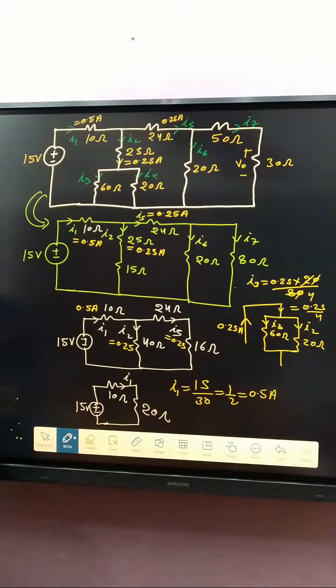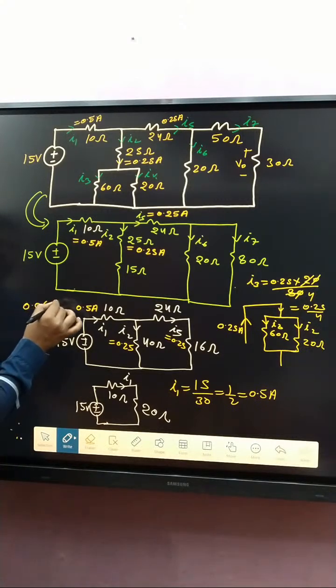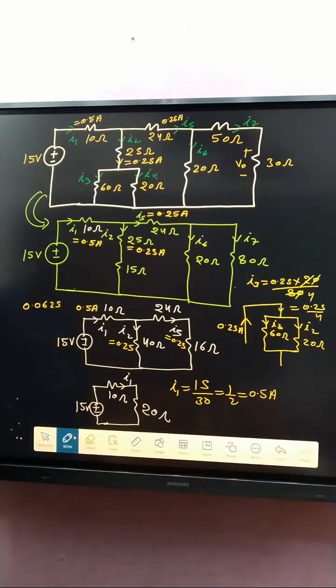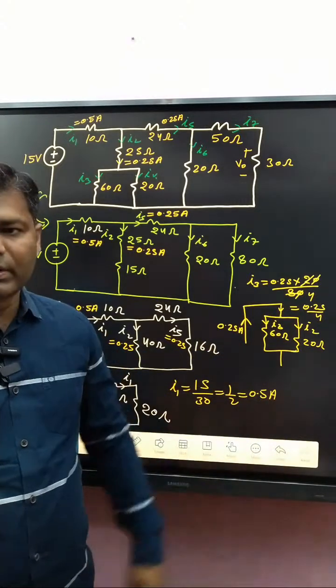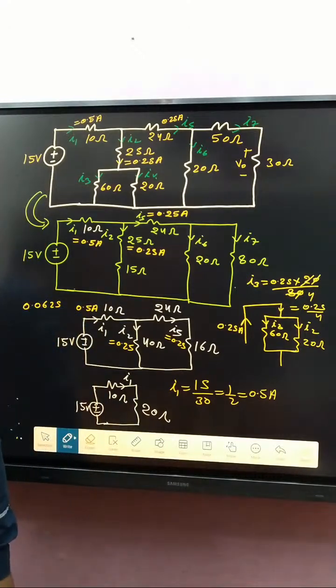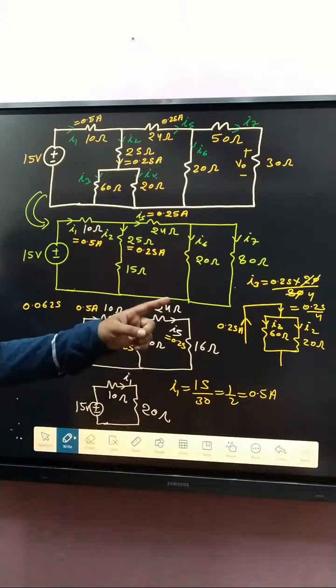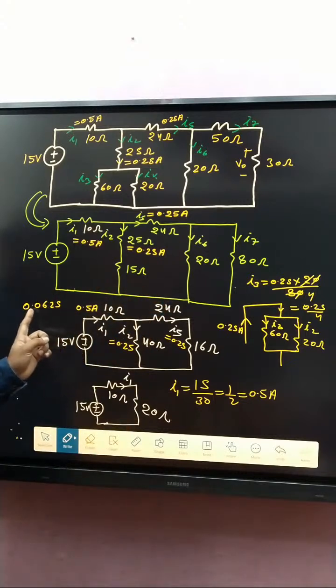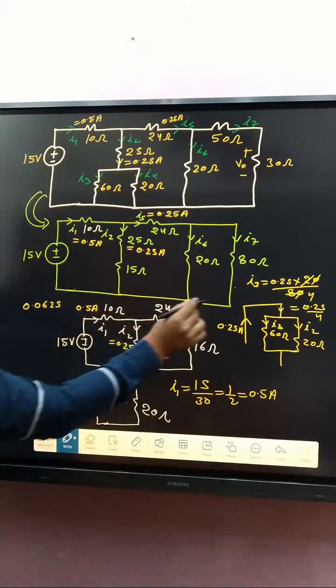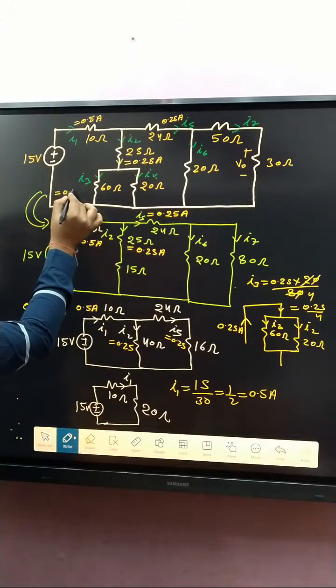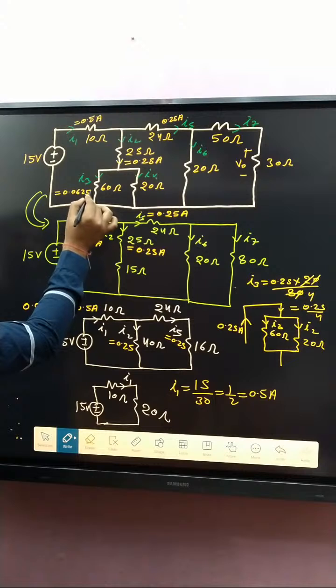Basically that is 0.0625. Okay? 1 by 4 basically, 0.25 and also 0.25. So that one is written basically, there's I3. I3 is 0.0625 ampere.